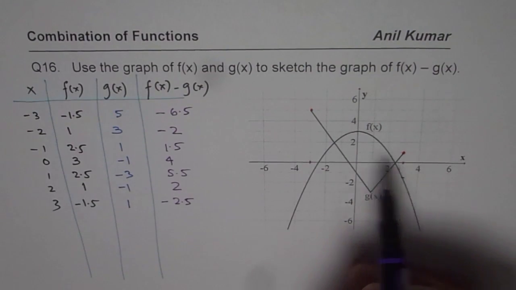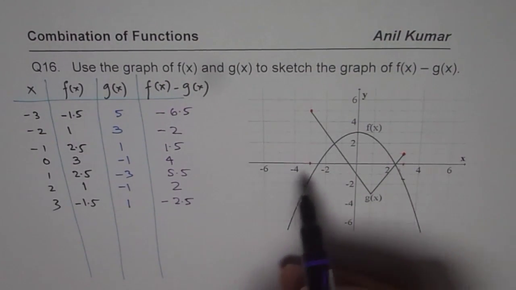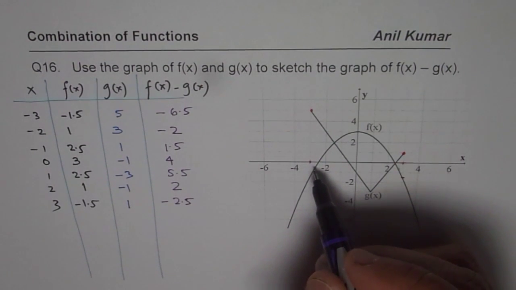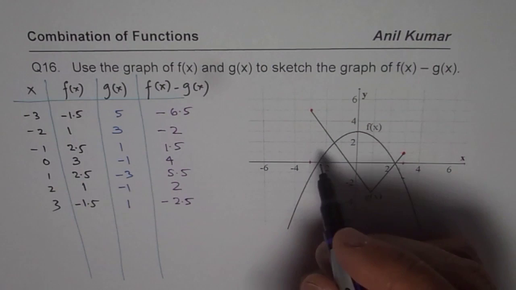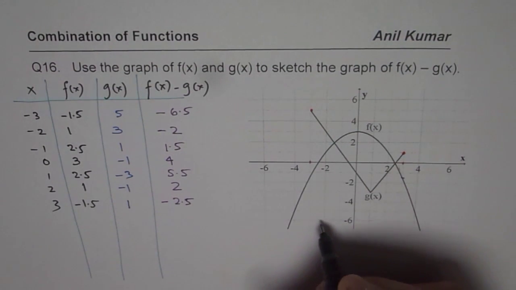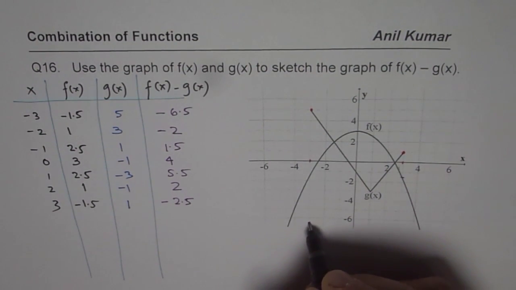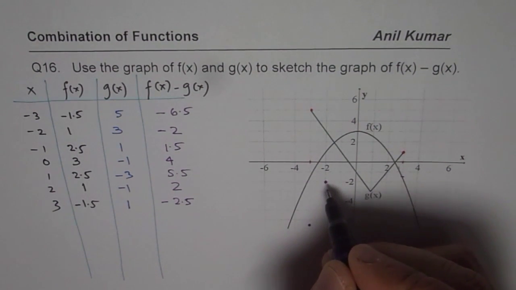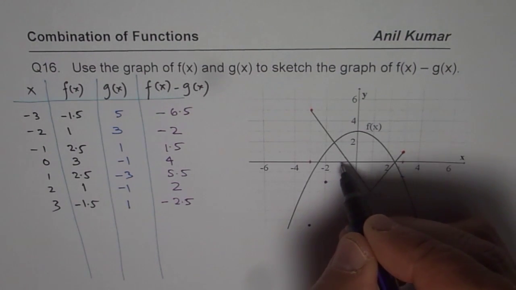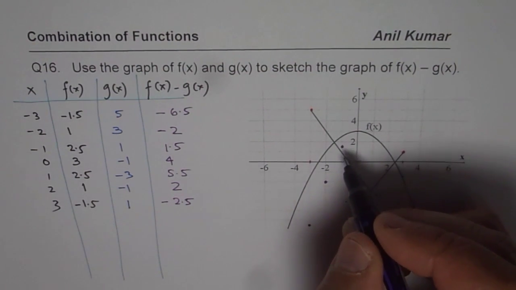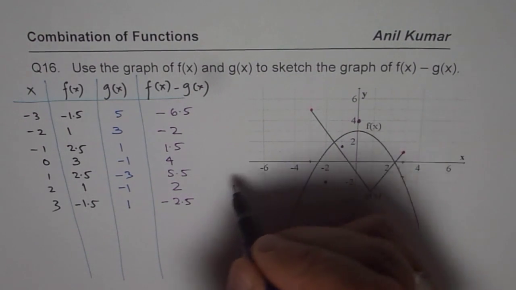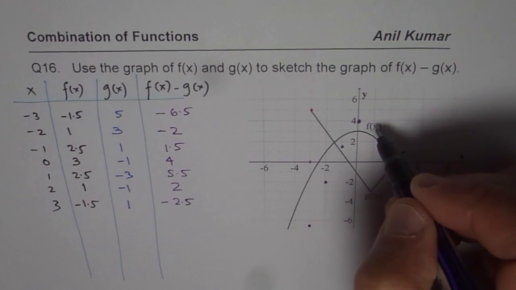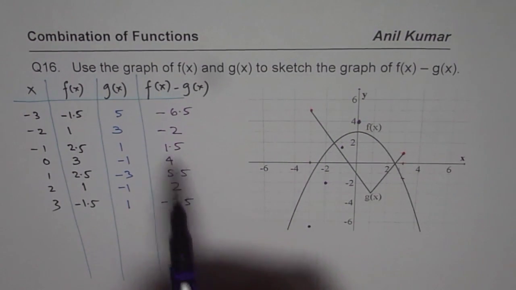Now for your function, you can plot these points on the graph. So at minus 3 you get minus 6.5. So minus 6.5 is at around here, right? Then you have minus 2, which is here. 1.5 is here, right? And then you have 4 right there. 5.5, next value, sorry, we are reading at the wrong place.